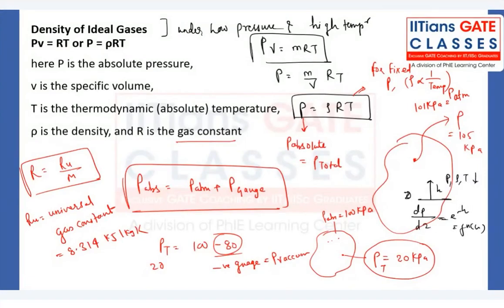When you keep on increasing the height, the pressure value will be exponentially decreasing. But it may decrease linearly, it may decrease exponentially, it may decrease some other way, depending on the surrounding conditions, whether it is an isothermal layer or adiabatic conditions. All of you getting my point or not? That is a point of discussion in fluid statics, right?